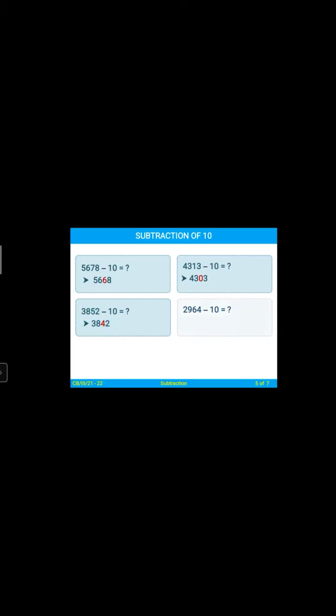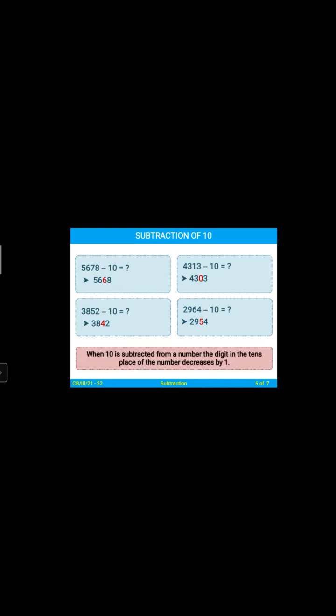अगर आपको समझ में नहीं आ रहा, आप वर्टिकली अरेंज करके आंसर चेक कर सकते हो. 2964 minus 10. So what will be the answer? 2954. Why? Because we are subtracting 10, so the tens place value will be decreased by 1.